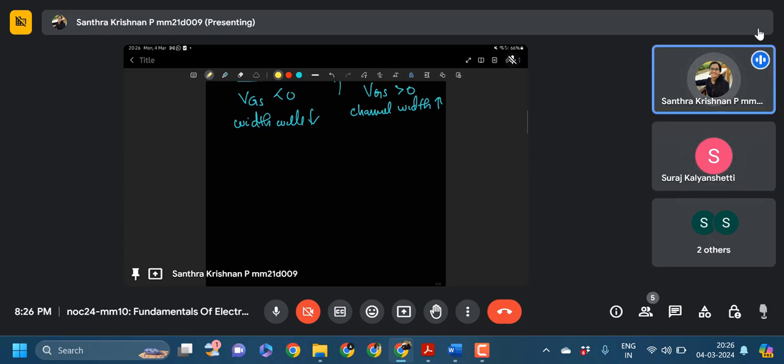Formula sheet, let me check. Probably the devices part is not there. Let me talk to sir in case there is a possibility of including it.